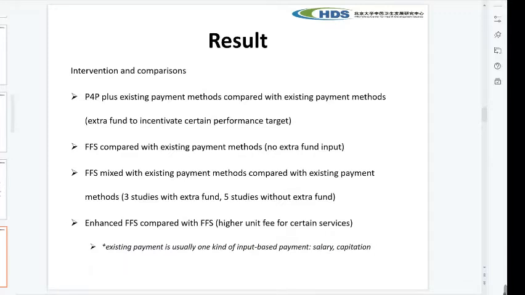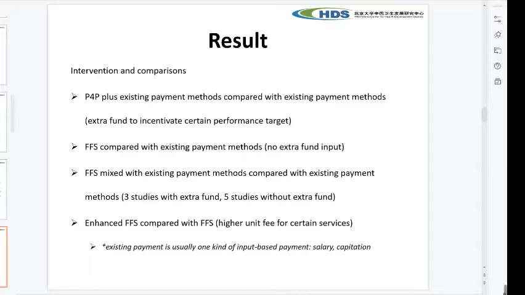The purchaser or insurer uses extra funds and pays them through the pay-for-performance way to incentivize certain performance targets. The second category is fee-for-service compared with the existing payment method, and the existing payment is usually one kind of input-based payment, salary or capitation.